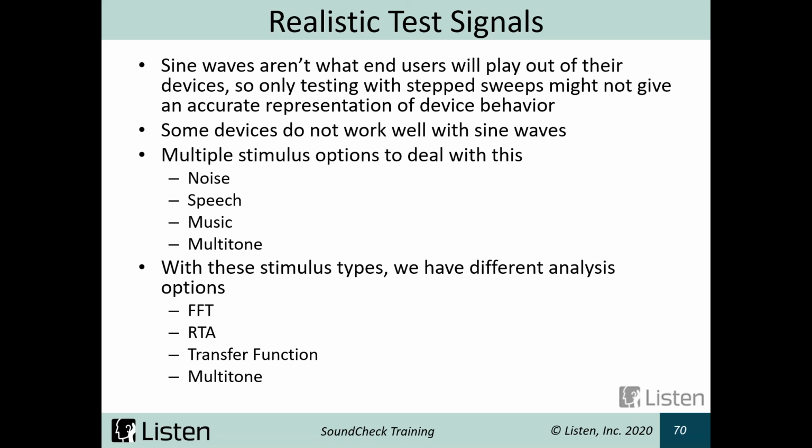A lot of these are pretty similar. FFT is fairly basic, and a lot of the other settings for RTA, transfer function, and multitone will share the same time and frequency configurations as FFT, but just build on them and give different options and different outputs available.